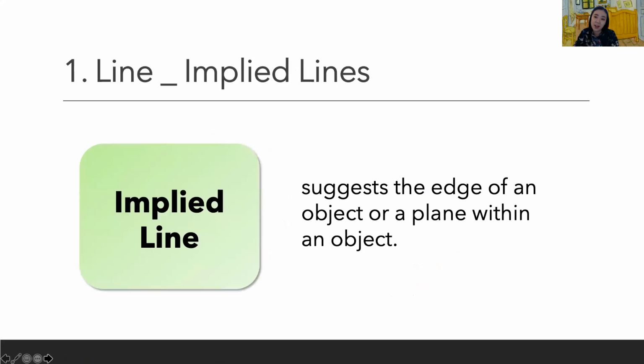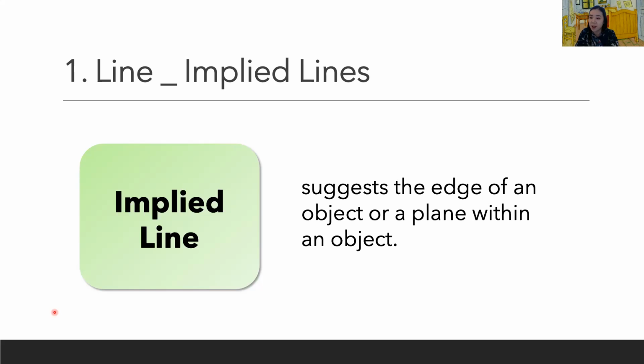And there is an implied line. Implied line is similar to the contour line. An implied line is defined as a line that suggests the edge of an object or a plane within an object. The line may be broken by intermittent marks.